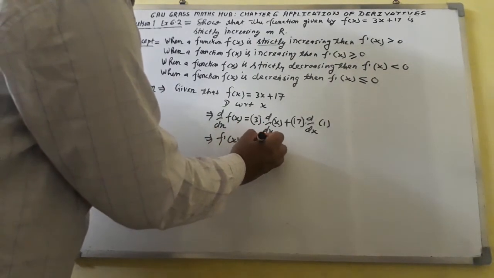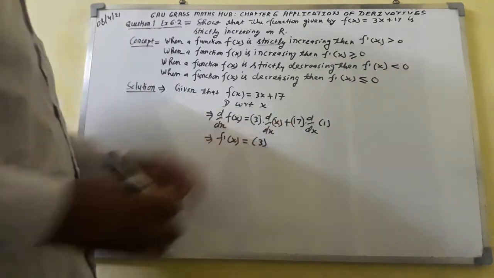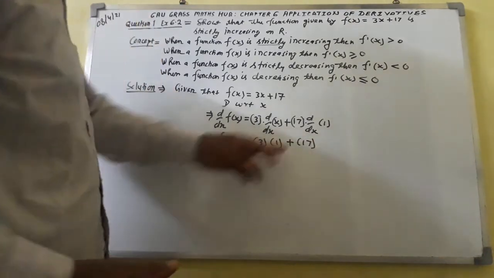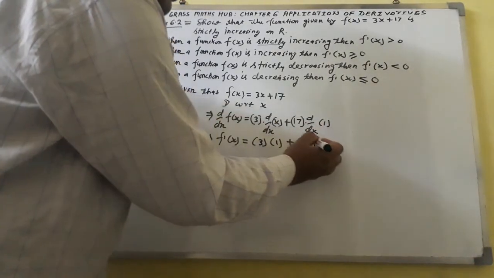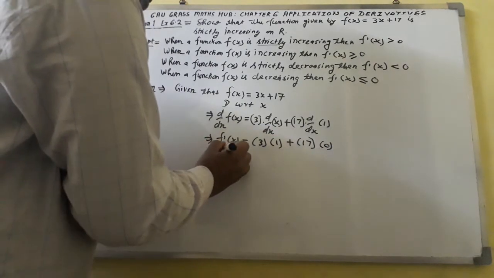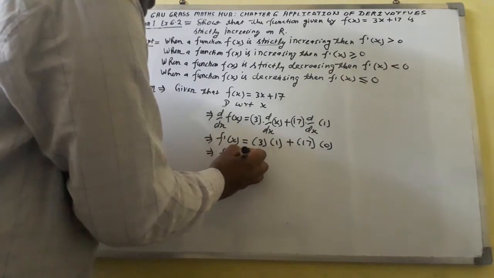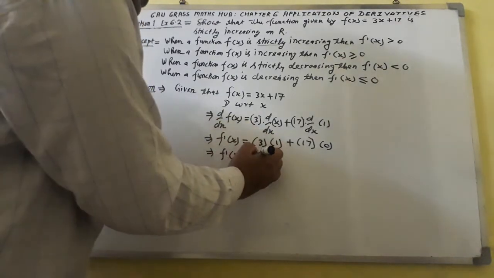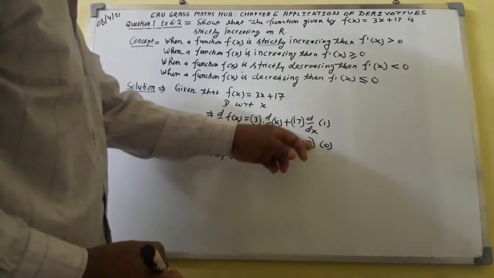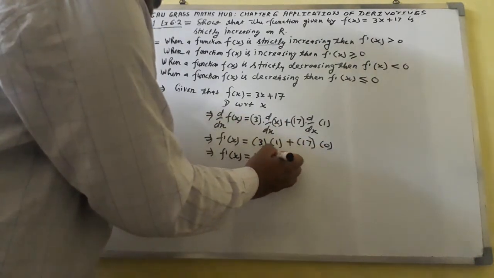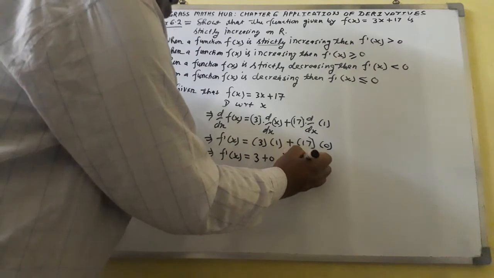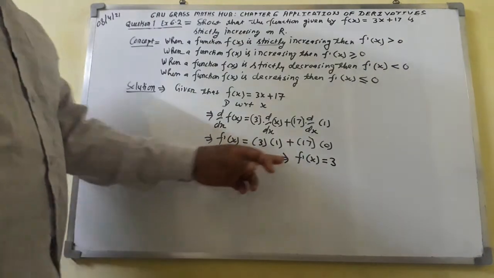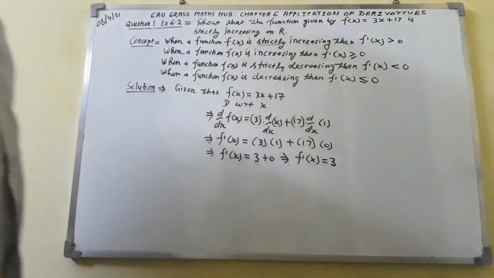Here I shall write 3, d over dx of x comes out to be 1, plus 17, d over dx of 1 comes out to be 0. So f dash x equals 3 times 1, which is 3, plus 17 times 0, which is 0. This implies f dash x comes out to be 3.